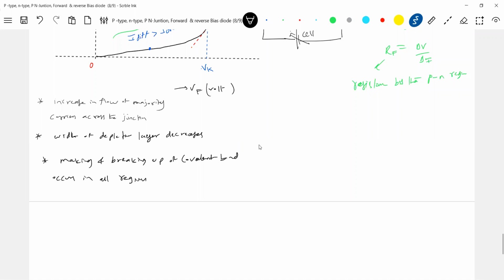This is a very general thing. What will happen to drift current as the bias increases? Bias means as the EMF of the cell increases, or applied bias as we call it, increases. What will happen to the drift current?